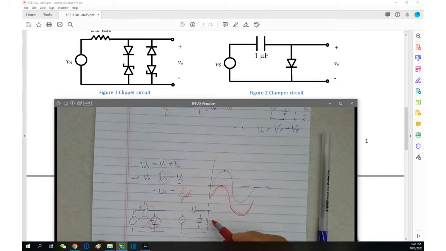However, if you have a resistor parallel with diode, okay, guess what? It's providing a discharging path. Does it make sense? So this way charging, this way discharging.